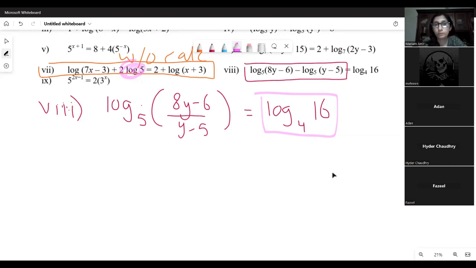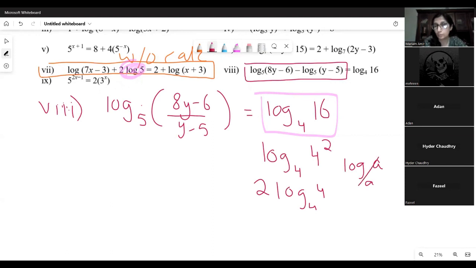Log base 4 of 4 square, and then you use the property: 2 log base 4 of 4. And if you remember, log base A of A gives 1. Similarly, log base e of e gives 1. So this becomes 1. So we just have 2 on the right hand side.